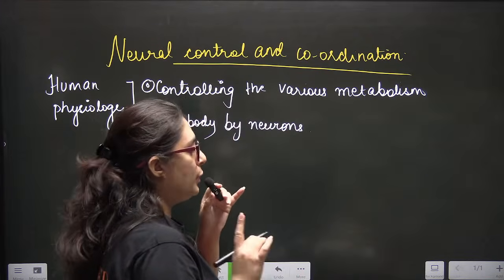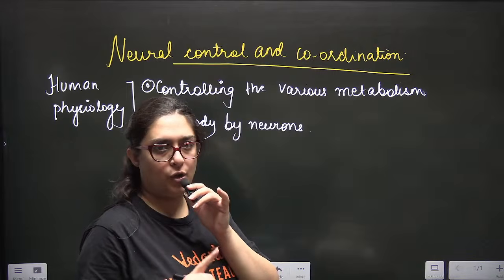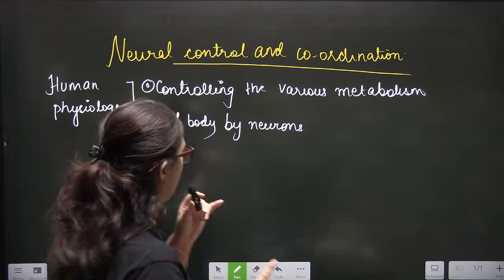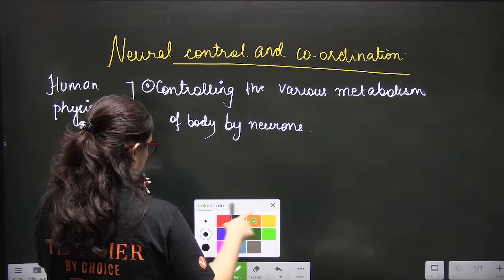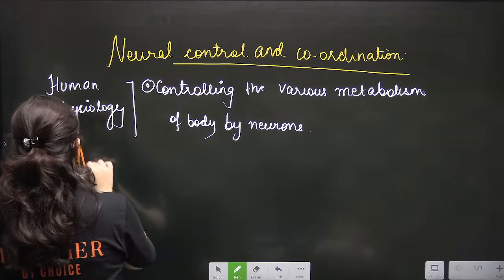Okay, so neural control and coordination is a physiology which is controlled by the presence of which system? Neural system.